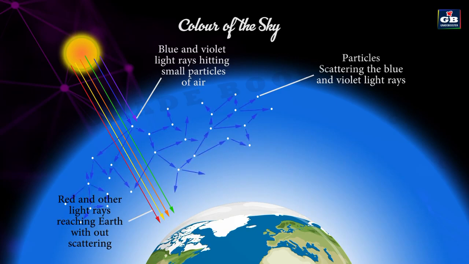As a result, the blue and violet wavelengths are scattered in all directions by these particles. It makes the sky appear predominantly blue during the daytime. This is the reason why we see the sky in blue color.